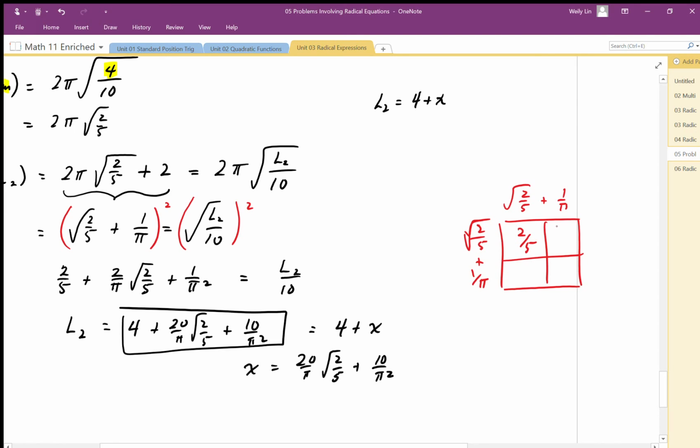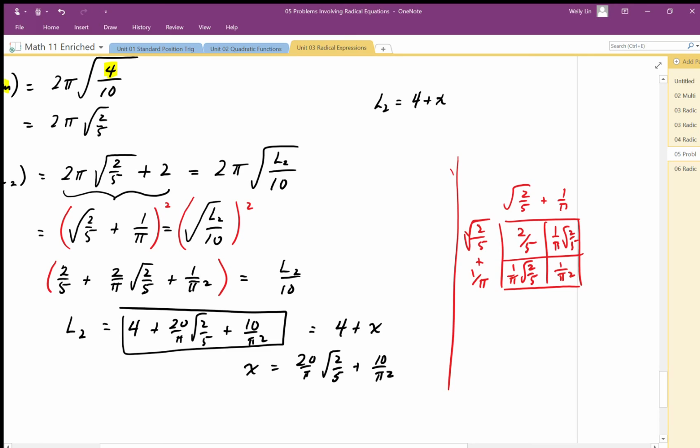This is going to be root 2 over 5 times 1 over pi. It's going to be 1 over pi times root 2 over 5. And this is going to be 1 over pi times 1 over pi, which is 1 over pi squared. So this is how I ended up expanding out these brackets here. Okay, so this is how it was done over here.